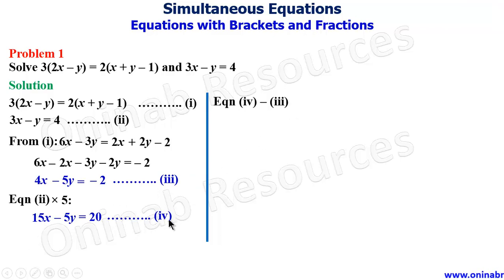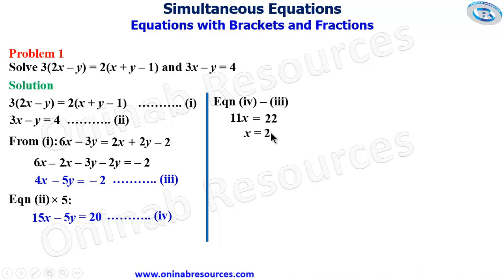So 15x - 4x gives 11x. This will be gone. So 20 - (-2) will give us 20 + 2, which gives 22. Dividing both sides by 11, because of the coefficient of x here being 11, x is equal to 2.